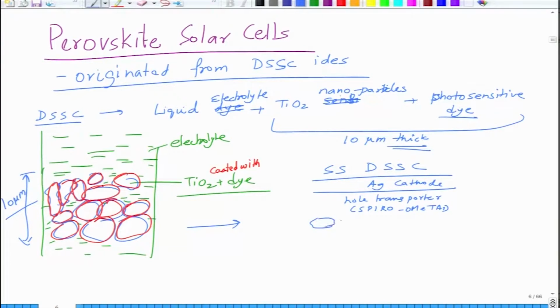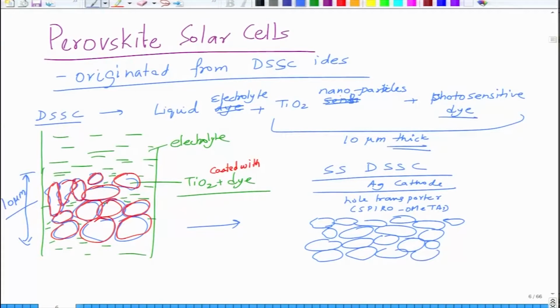And then in contact we also had these TiO2 nanostructures, coated with dye on the surface, and then this was in contact with a compact TiO2 layer.